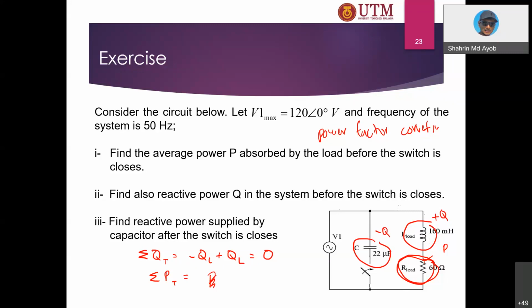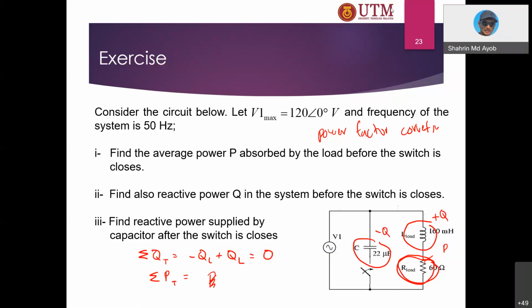So actually the power factor correction is legal. It's not illegal. It's legal because it will save the TNB. The TNB will be on the positive side.